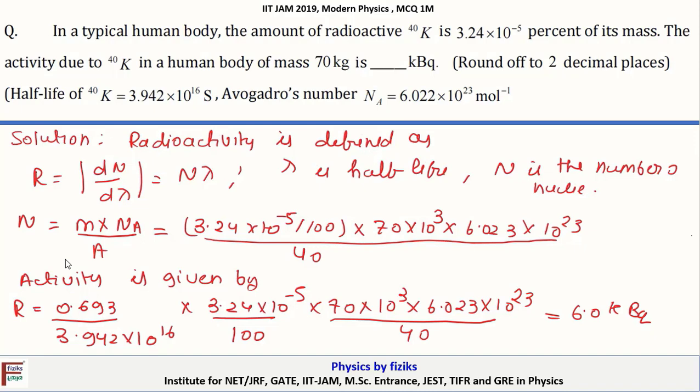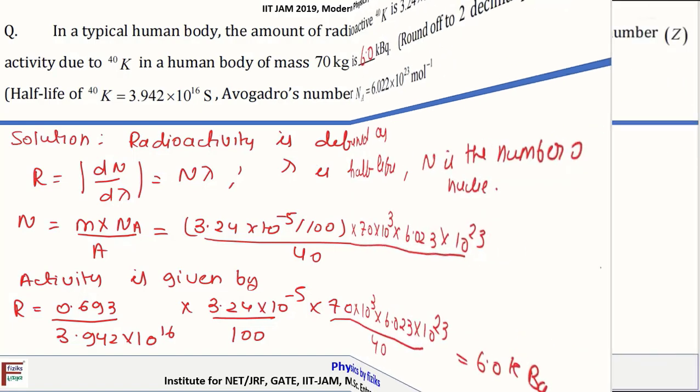So our answer for this problem would be 6.0.